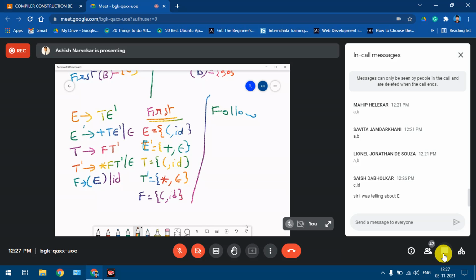Okay, then what about the follow sets of E, E dash, T, T dash, and F?